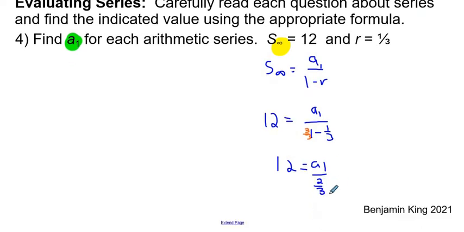And a lot of students will get confused by this, and there's 2 ways you can do it, right? The first way you can do it is to just simply multiply by that on both sides, multiply 2/3 on both sides. The other way to do it, if that's confusing, is to keep change flip this, right? That's fine if you want, and so that would give you 12 is equal to A1 times 3/2, and that's fine, right?